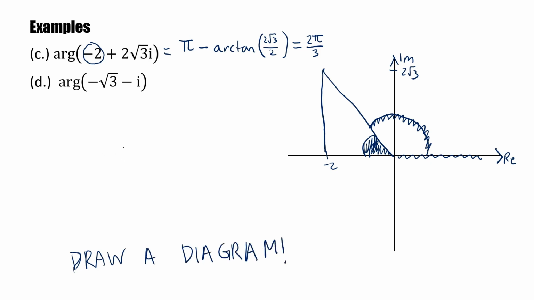Anyway, let's have a go at doing the last one, because that'll give us even more practice at doing this. So arg of minus root 3 minus i. So minus root 3 would be, I don't know, roughly there, let's say. And then minus i, let's say that's over there. So minus 1 on the imaginary axis.